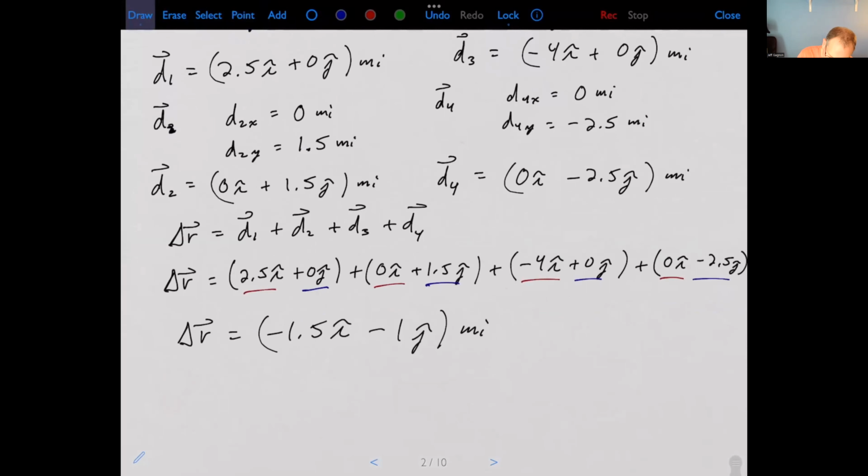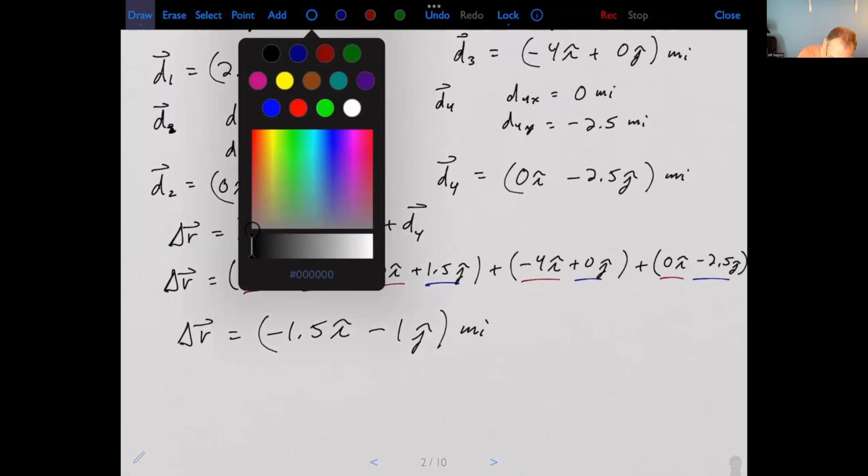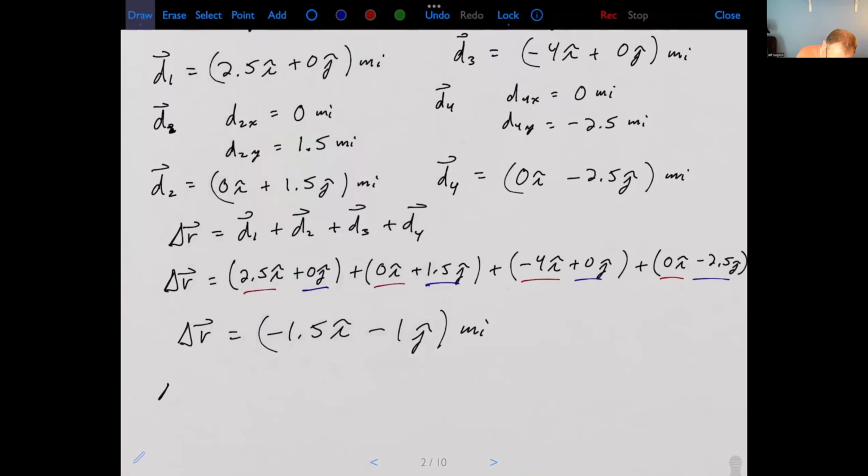So the magnitude of delta r is going to be the square root of the x component squared plus the y component squared. And if you do that, you're going to get around 1.8 miles.